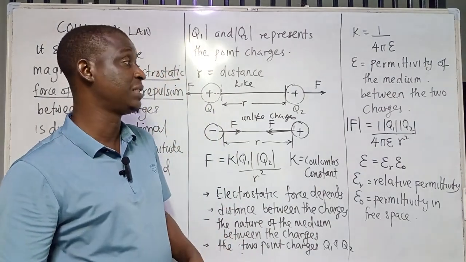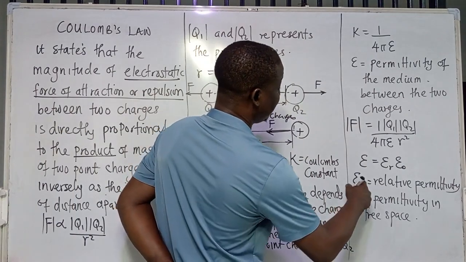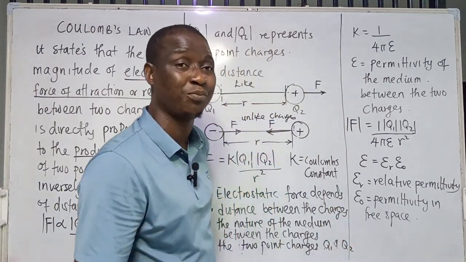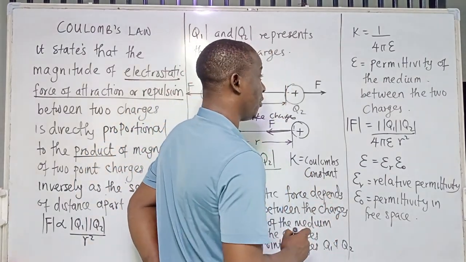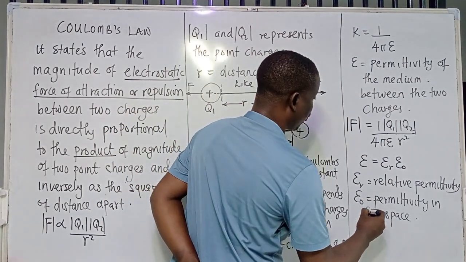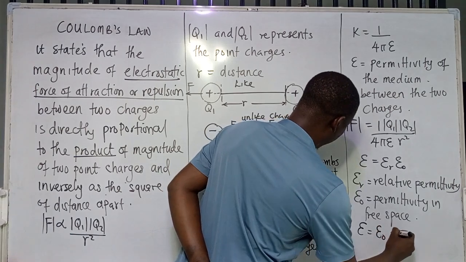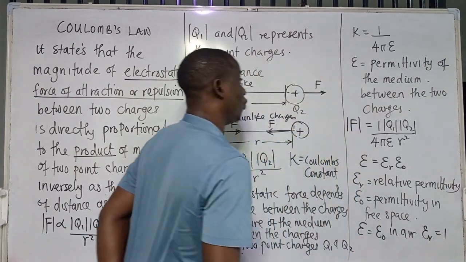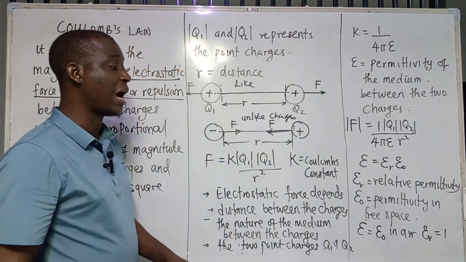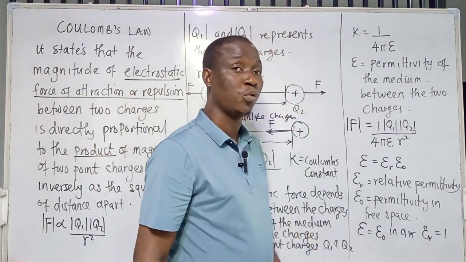Another thing is that the relative permittivity epsilon R of air, for example, is equal to 1. So epsilon is equal to epsilon naught in air, since epsilon R is equal to 1.